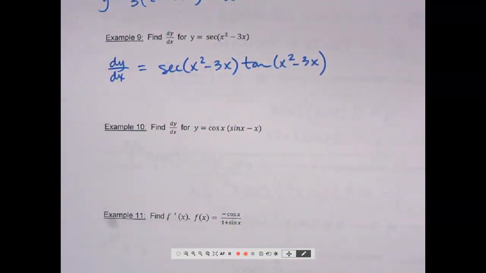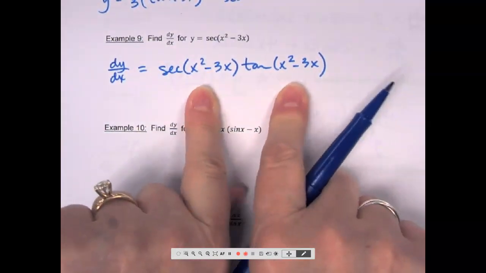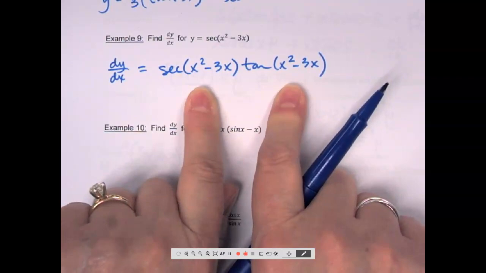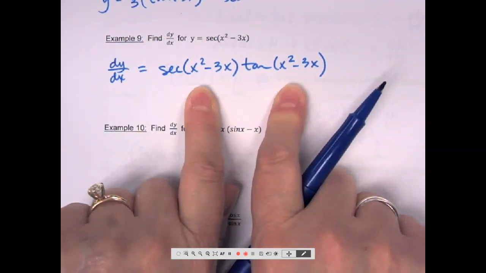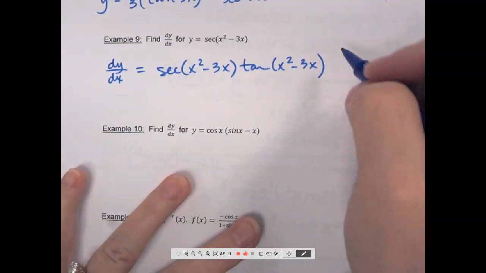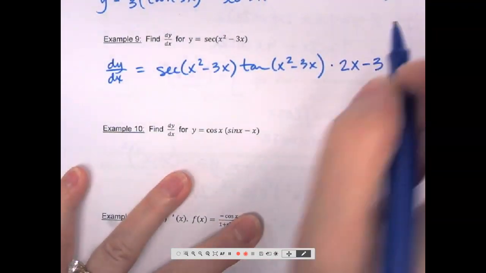So derivative of secant, secant tangent. There we go. Whatever's in the parentheses has to come along with it. Times 2x minus 3. We haven't taken the derivative of that inner function yet, the x squared minus 3x. Just do that once.